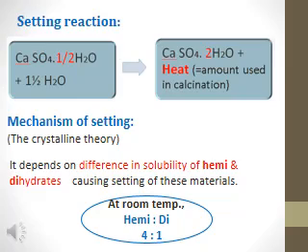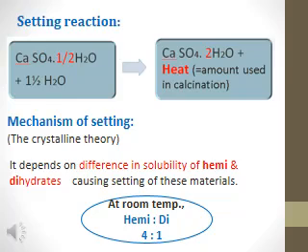How? When you dissolve the hemihydrate in water, it begins to give its constituent ions, calcium and sulfate ions, and these ions will react with each other again and with 2 molecules of water to form calcium sulfate dihydrate molecules.